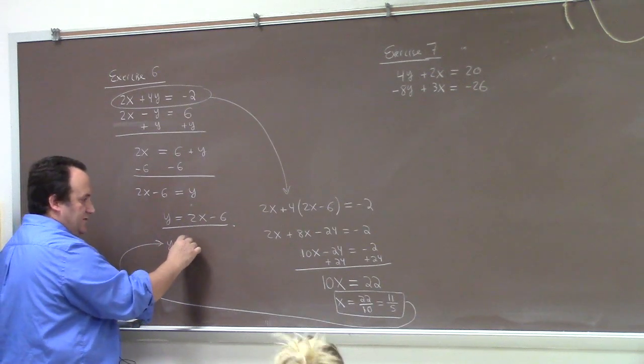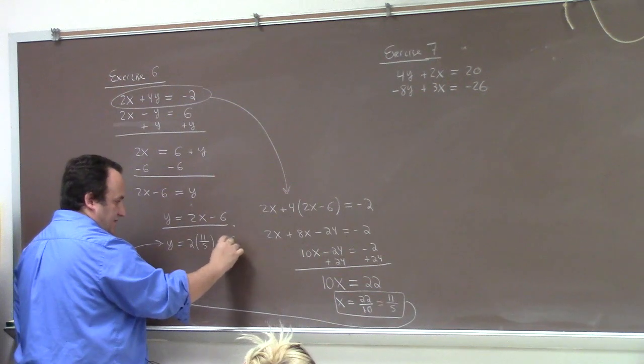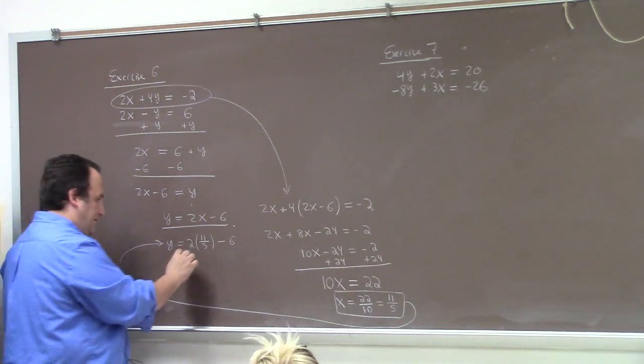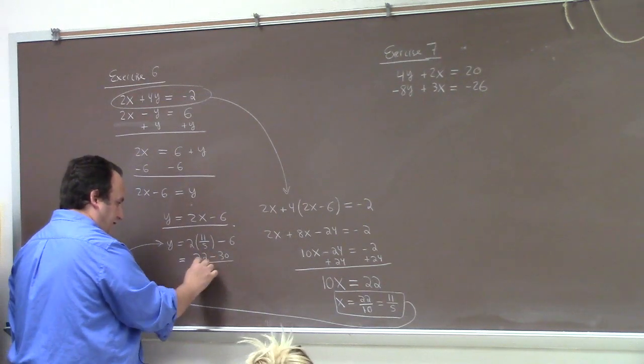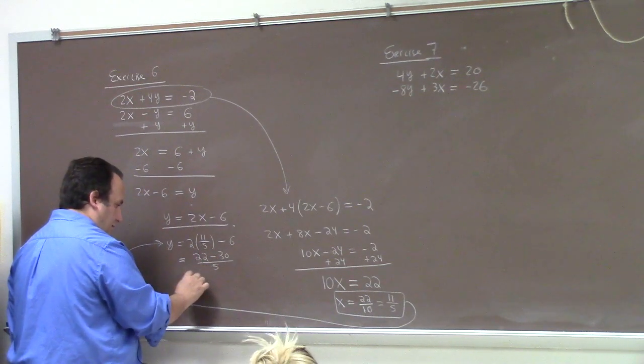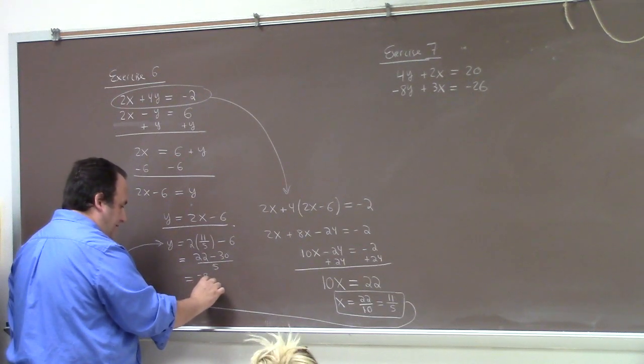y equals 2 times 11 over 5, minus 6. So that's equal to 22 minus 30 over 5, which is minus 8, minus 8 fifths.